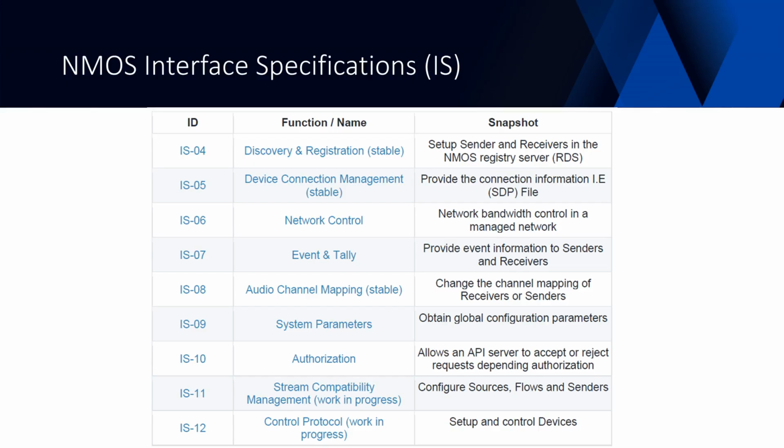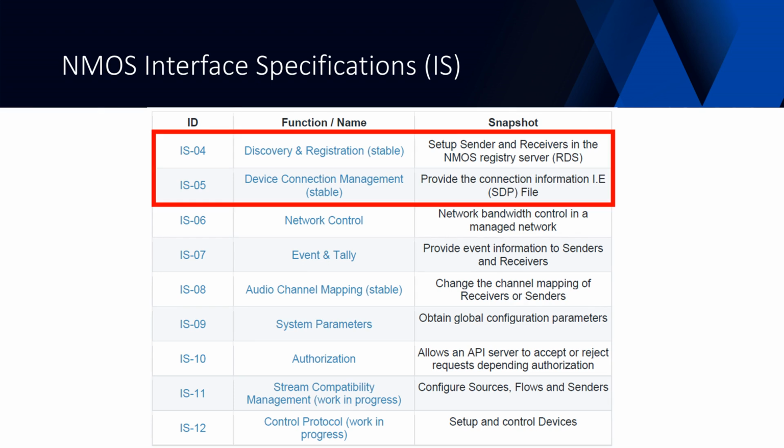NMOS is a whole series of IS standards or specifications that deal with everything from hooking up transmitters to receivers, tally, audio. But in this little presentation, within the time we have, I'm just going to mainly talk about IS-04 and IS-05 because those are the connection pieces that make video work from a standpoint of you need to get this sender to this receiver and those things.